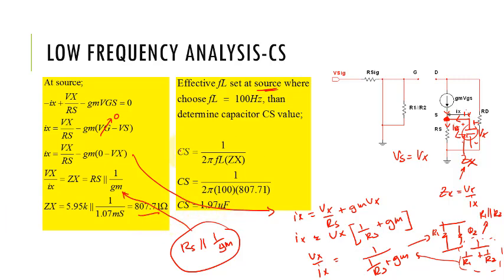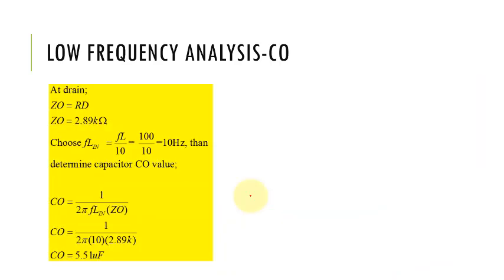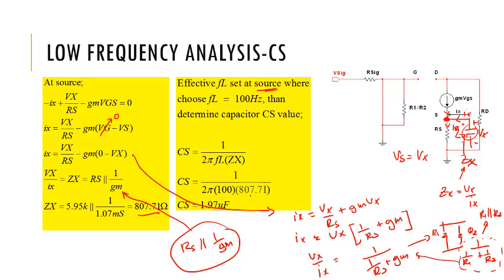Then we get the value of Zx equal to 807.71 ohm. Then we can apply the equation, so we get the capacitor at the source around 1.97 microfarad. At the output, when we short our source, this one becomes open.